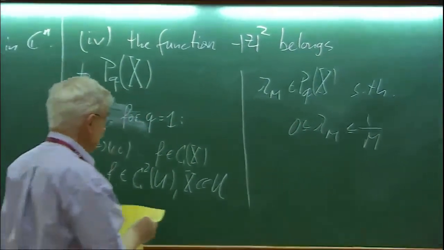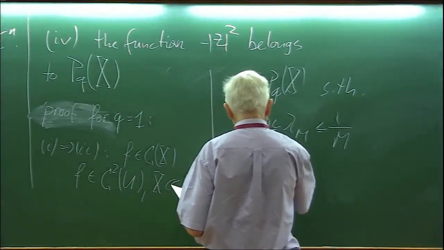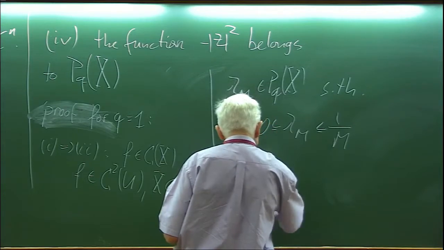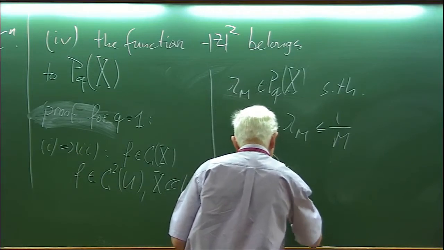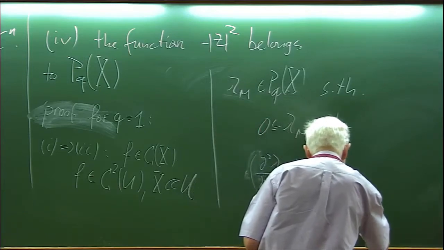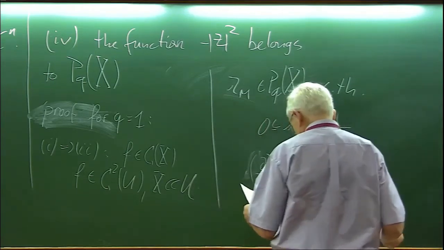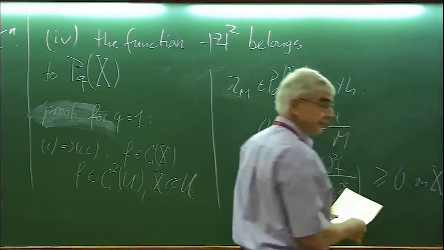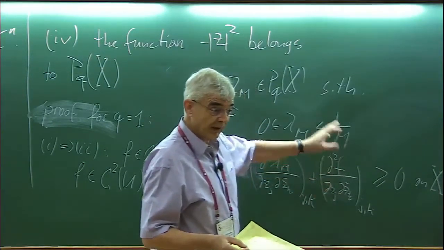We can take such a lambda m such that the Laplacian, well, not quite the Laplacian, but the Hessian, d squared lambda m over d zeta j d zeta k bar, plus the Hessian of f is going to be greater than or equal to 0 on X. Just because this is C2, X is a compact set, so there's a lower bound on the eigenvalues here.